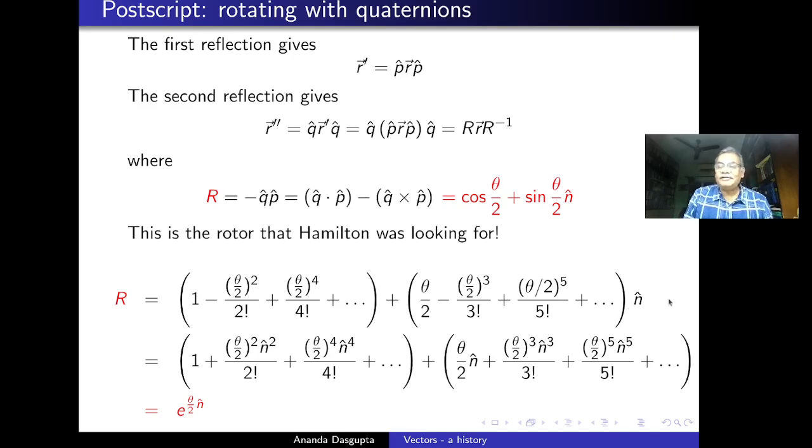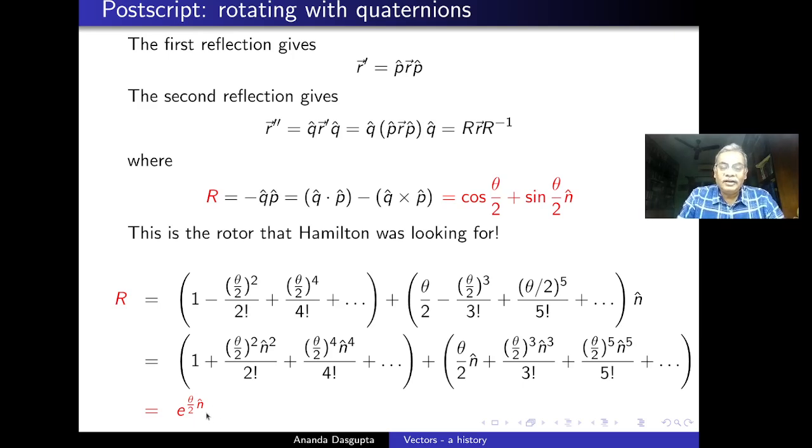Here on the other hand, theta by 2 n hat, that's fine. Here, this minus can be gotten rid of by using the fact that n square is minus 1, so it's the same thing as n hat cube. This will be n hat to the 5 without a change in sign, and so on. Now, if you combine all of these terms together, you see that we are actually getting theta by 2 times n hat as powers divided by that power factorial, summed up all together, which is nothing but e to the power theta by 2 times n hat.